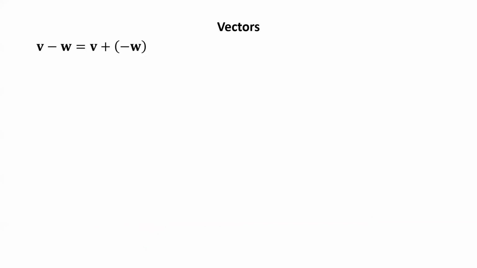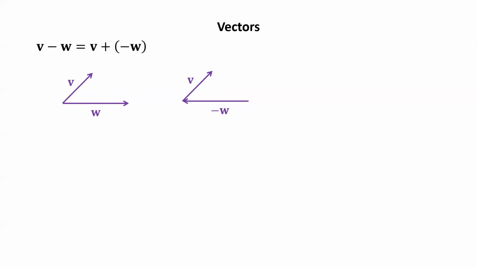Let's go over how to subtract vectors. Well, subtraction is just defined in terms of addition. V minus w means v plus the vector negative w. So if we draw the vectors v and w so that they both start at the same initial point, then the vector negative w we get by simply reversing the direction of the vector w.